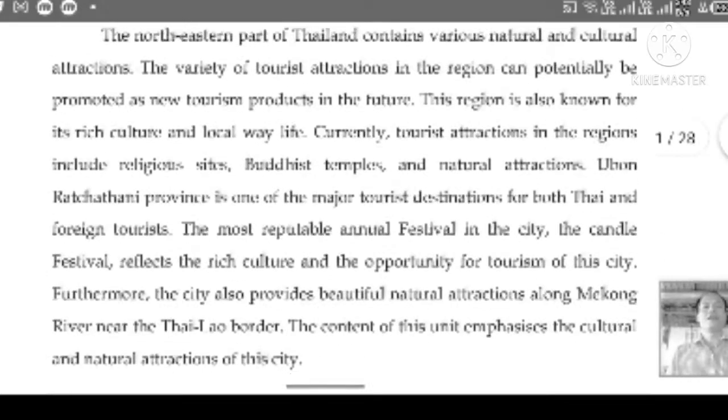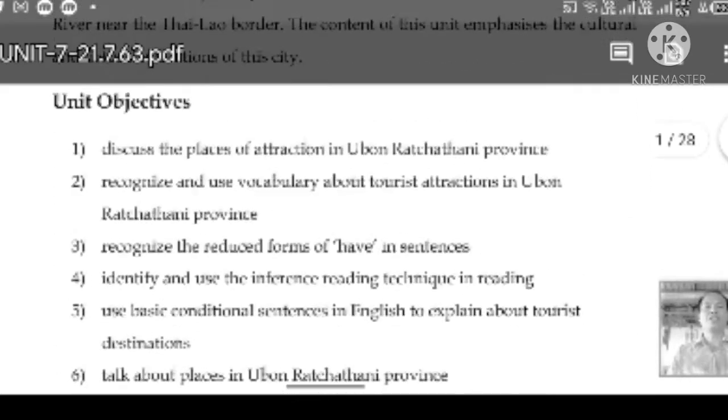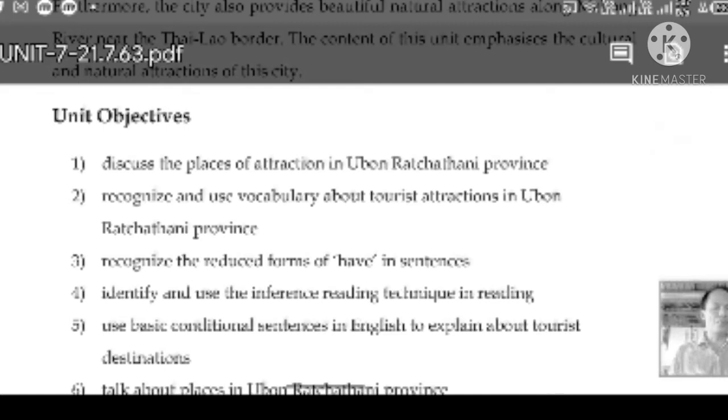So what's the objective of this? We want you to be able to, of course, recognize. Recognize means you remember the vocabulary about tourist attractions in the city, and when you recognize, you can use it as well.